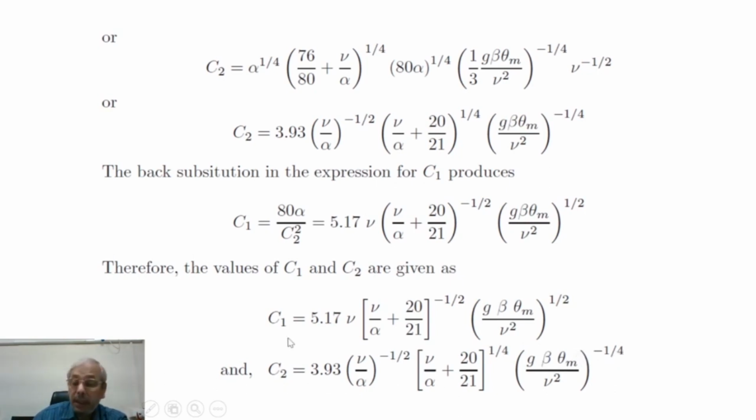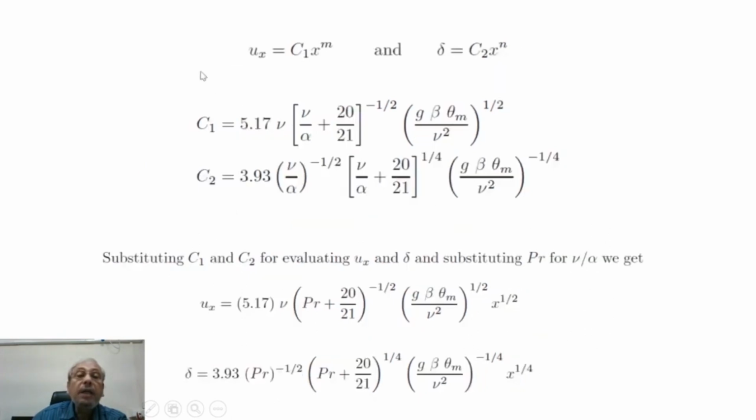So these are C1 and C2, and basically we want to get explicitly the expressions for ux, the characteristic velocity, and delta. Ux is given by C1 x to the power m, delta is given by C2 x to the power n.